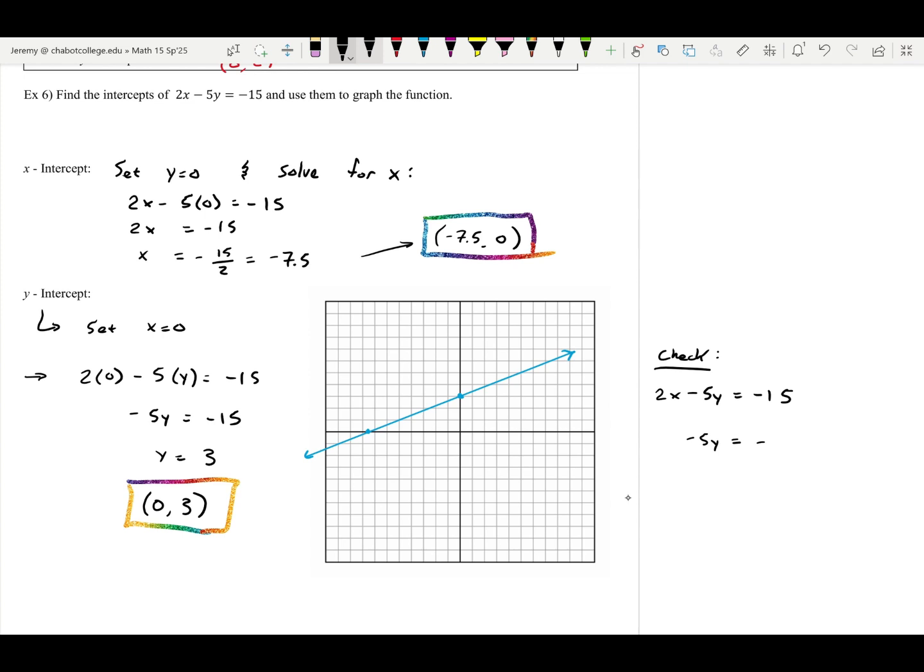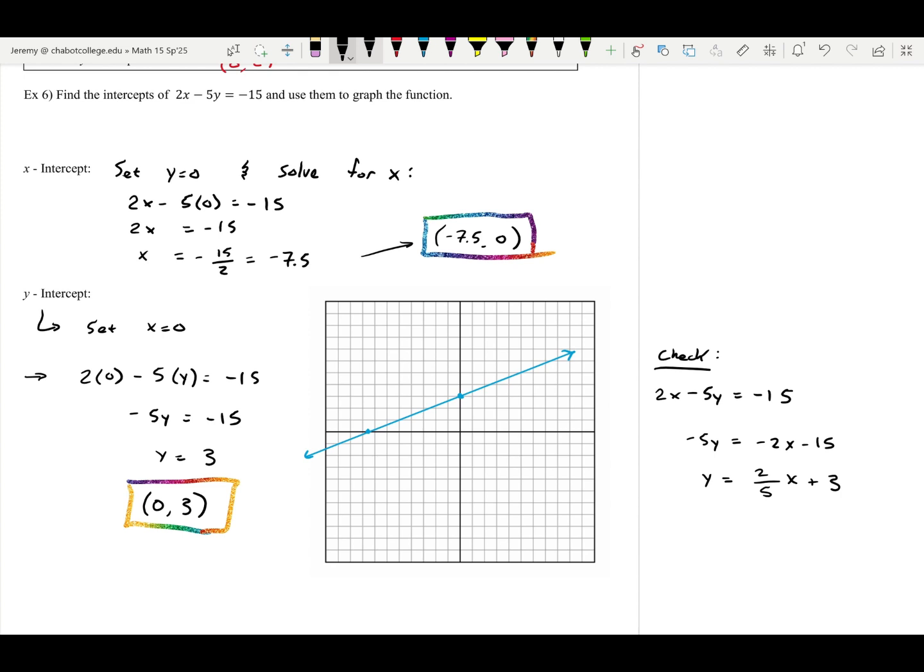So I would subtract 2x from both sides, then divide both sides by negative 5, so I would get y equals 2/5 x plus 3.